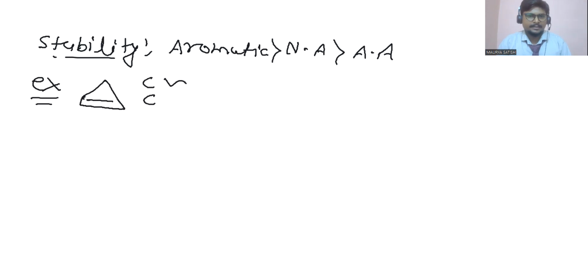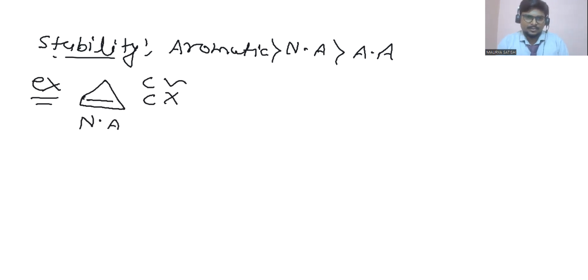Conjugation is basically pi, sigma, pi. There is no conjugation. Pi is not present alternately, and pi, sigma, lone pair is also not there. No charge is alternately present here. So conjugation is not satisfied. Obviously then it is non-aromatic. Very easy. Yes, you can do it.